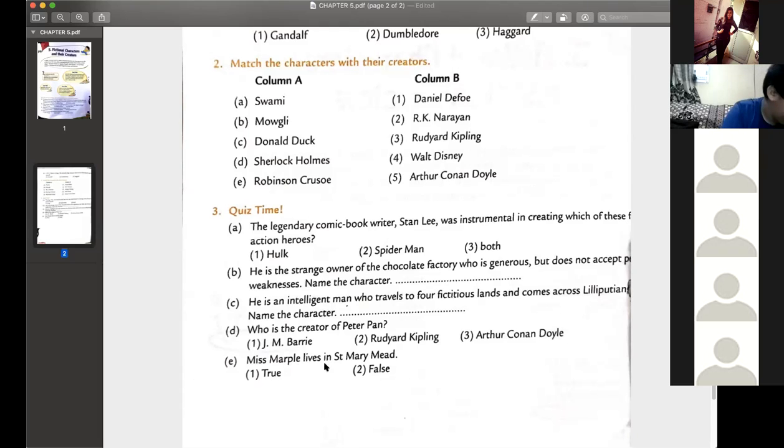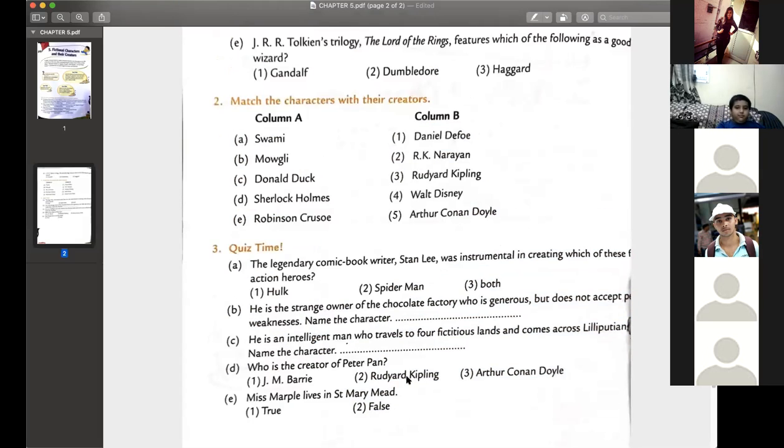Prachi, Miss Marple lives in St. Mary Mead. True or false? Yes, Namrita? Ma'am, true. Excellent. Any doubt in chapter number 5?